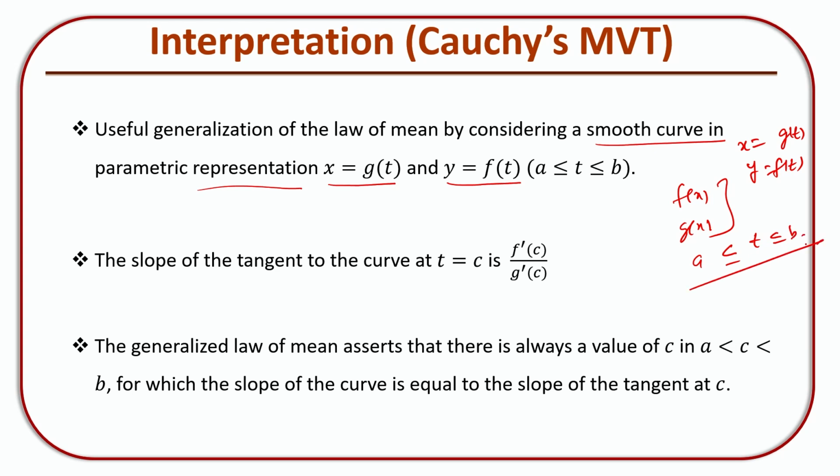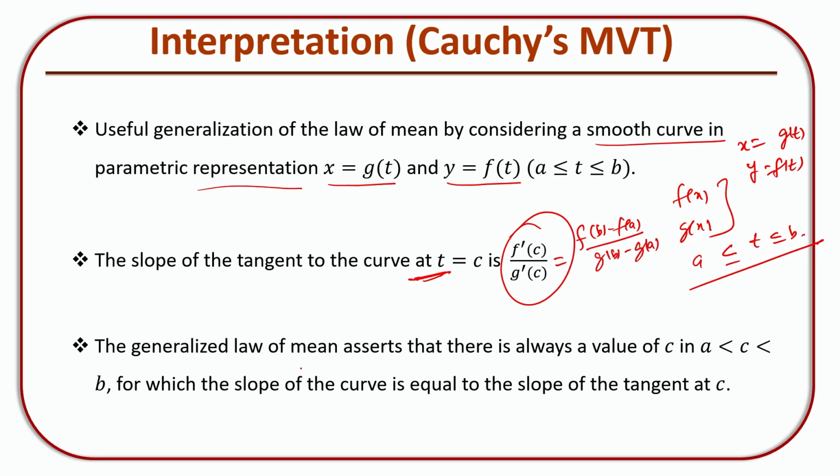The slope of the tangent to the curve at the point t equal to c is f dash of c divided by g dash of c, and this is equal to what? We had already calculated f of b minus f of a divided by g of b minus g of a, right?